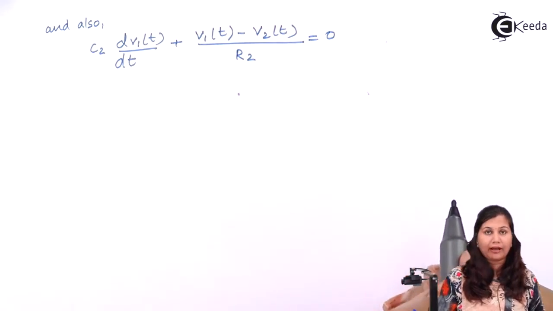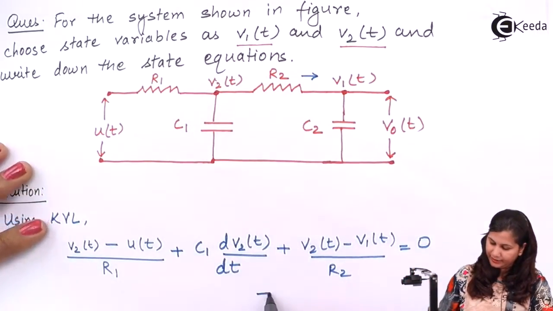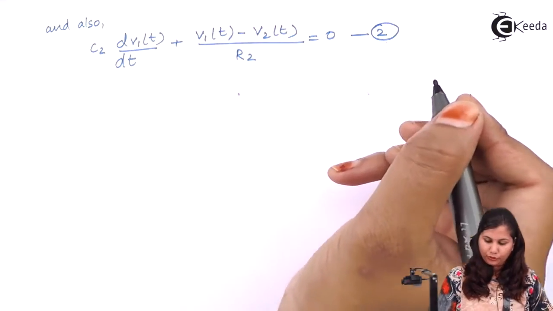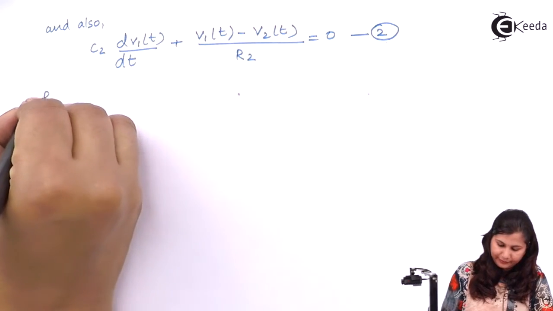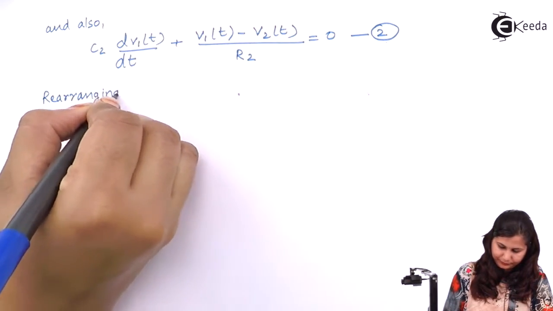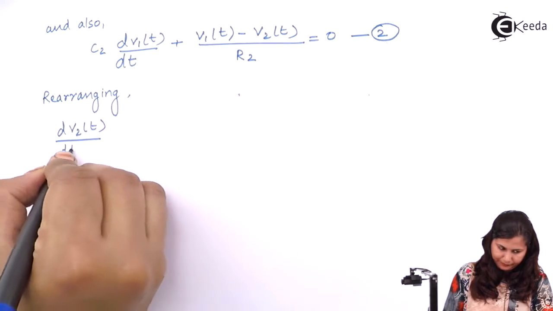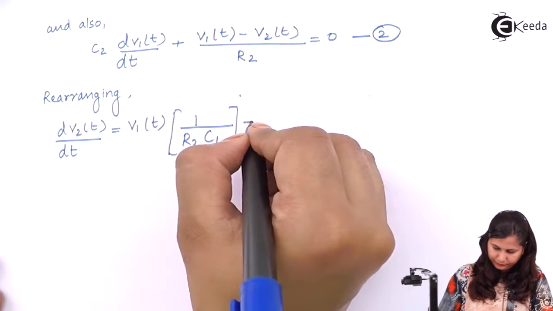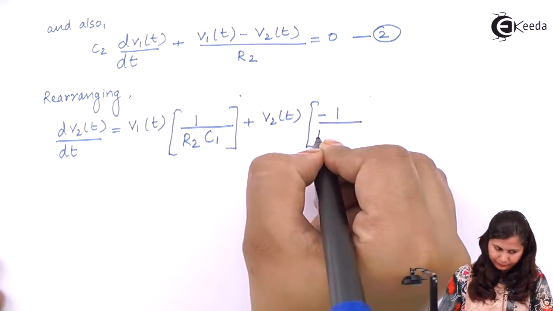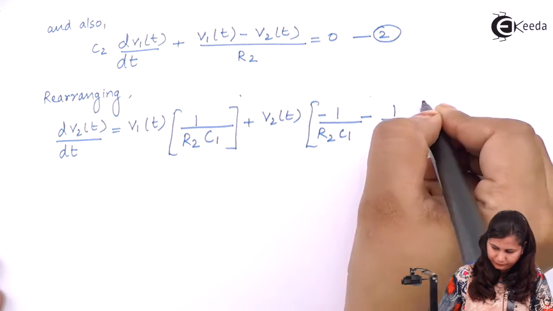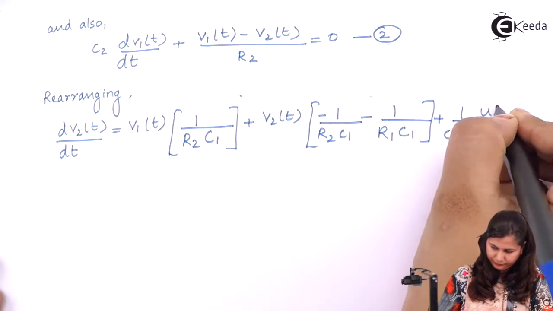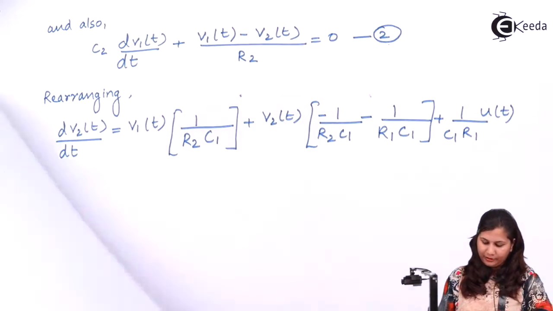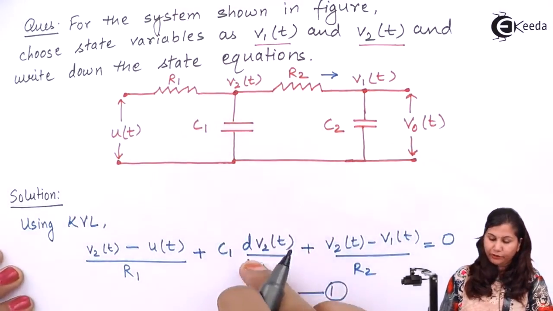Now rearranging, we have two equations. First is this equation and second is this equation. So rearranging, we will get, so what we have done, we want to get the value of this dV2/dt.